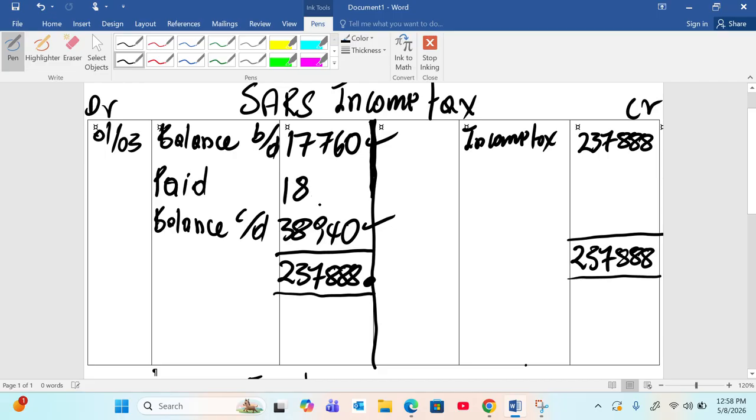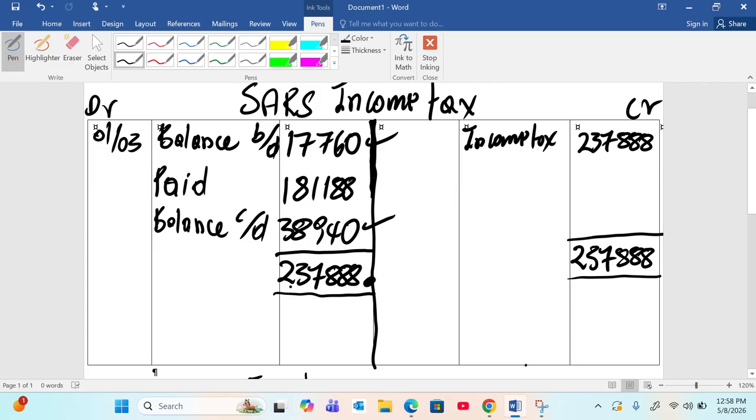Okay, and then you should get an amount of 181,188. On your side, you need to show these calculations, how you calculated that amount in brackets so that you can always get part marks.